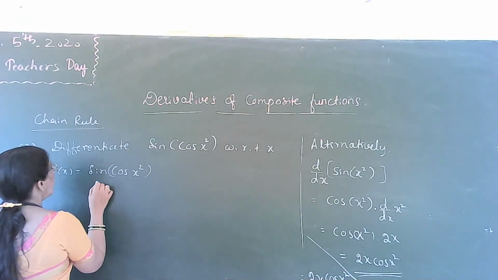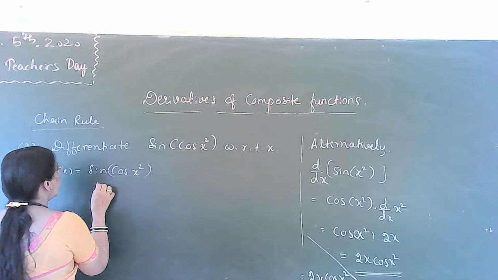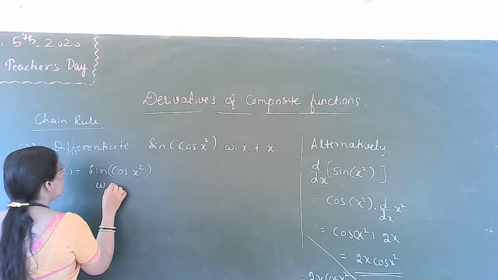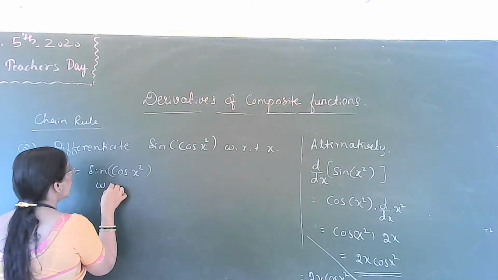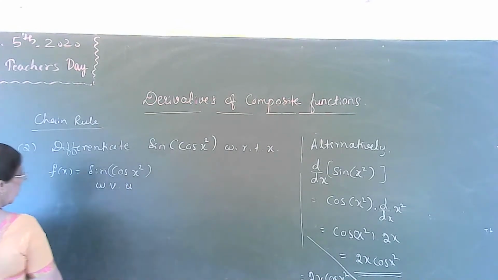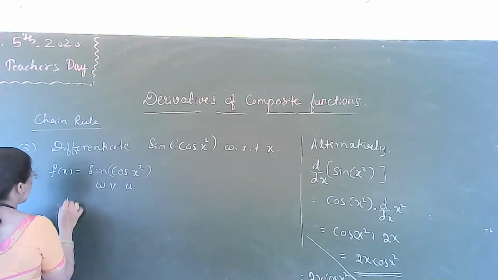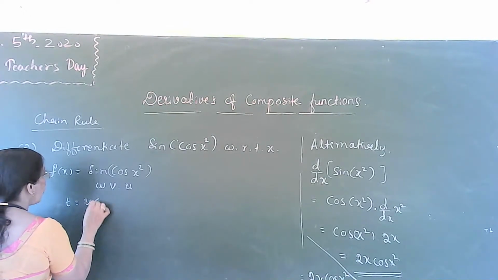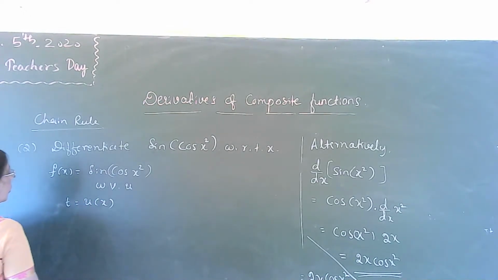Here we take w, v and u. Here we take t is equal to u of x.